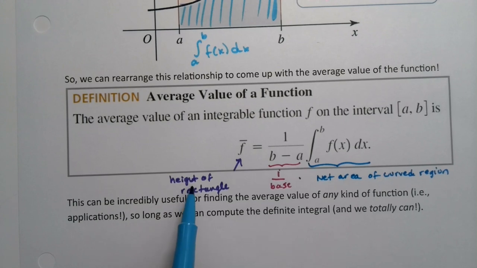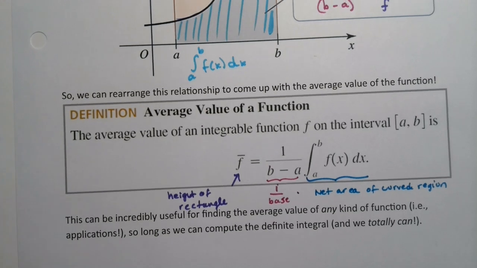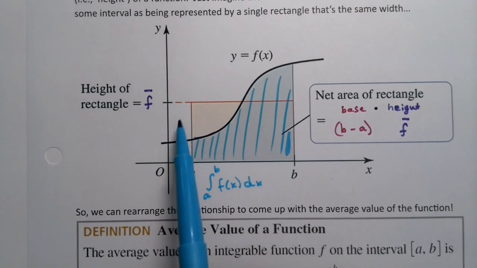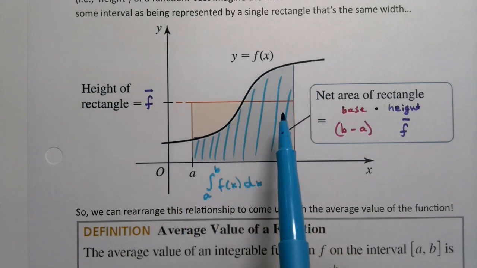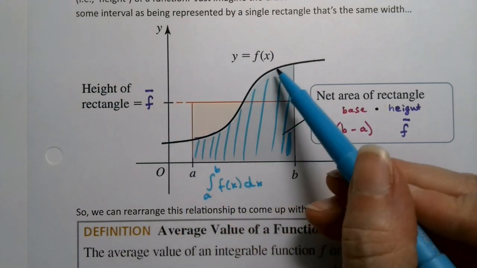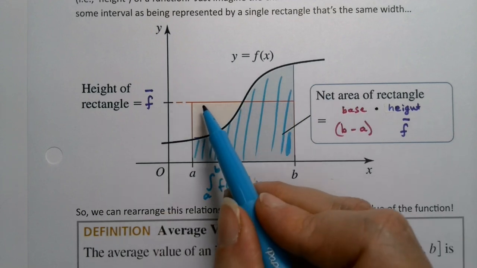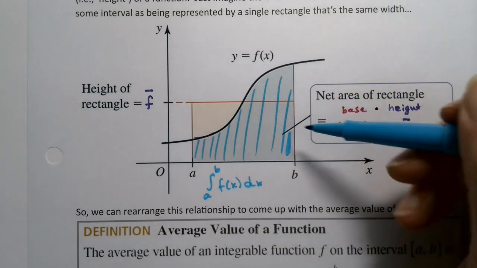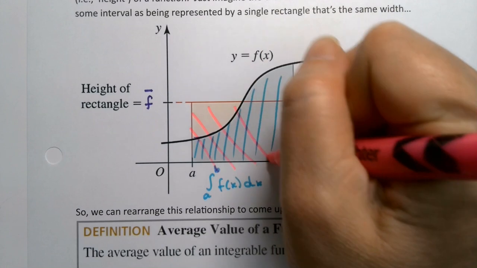If I can do that, then the height of that rectangle will be equal to the average function value. Because average by definition means the one value that would represent this curvy function for that whole region from a to b. This curvy function is best represented by that height right there, because that height would make it so that the rectangle and the region are one and the same.